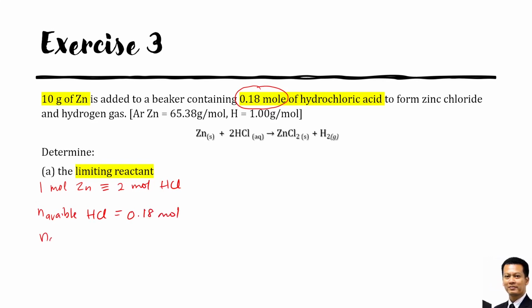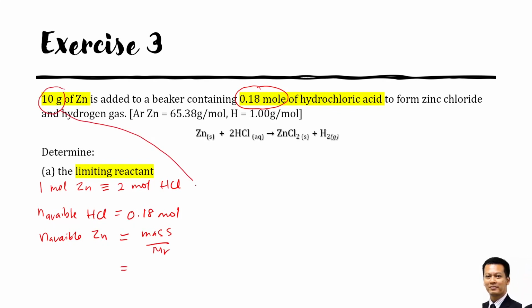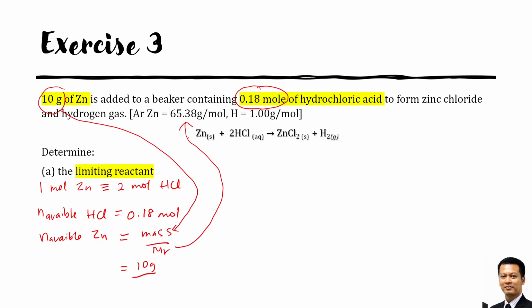But what about n available of zinc? This one you need to calculate using mass over MR. So mass is already given to you, which is 10 gram. So 10 gram over MR, also given, 65.38 gram per mole.